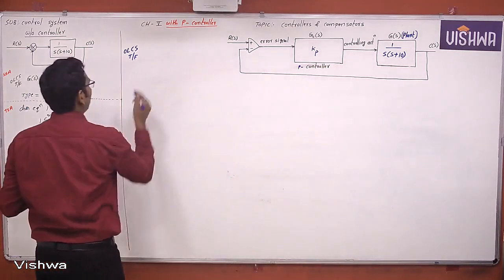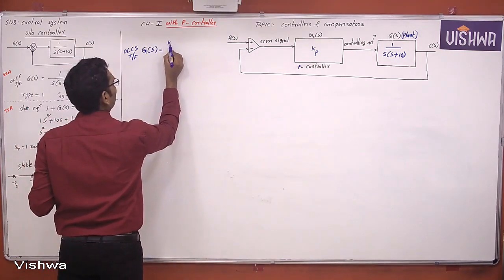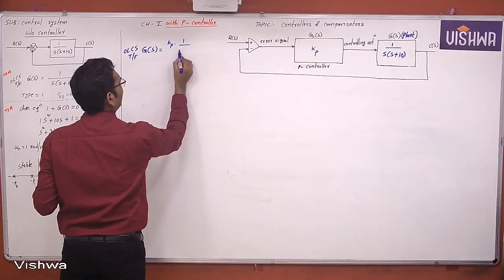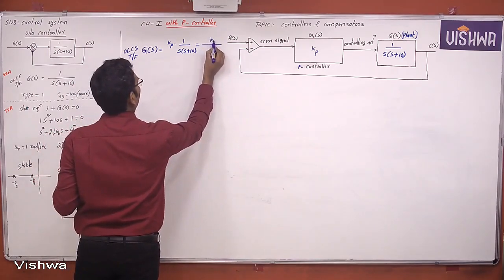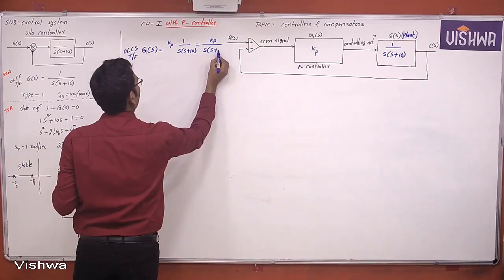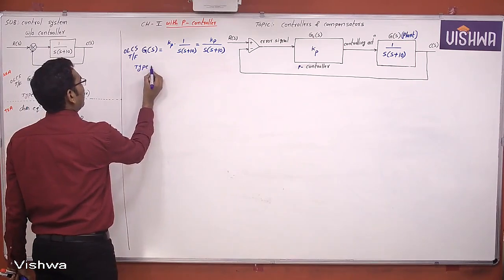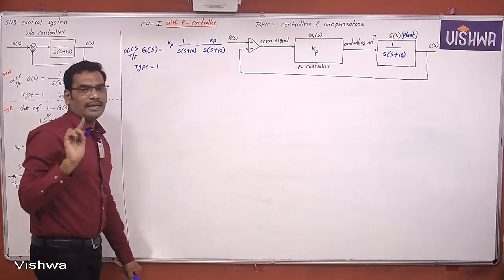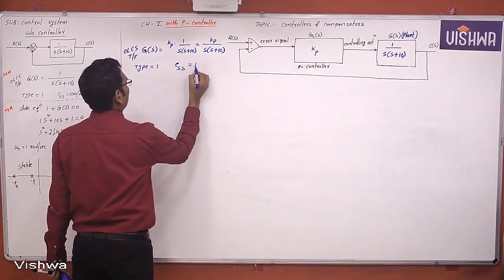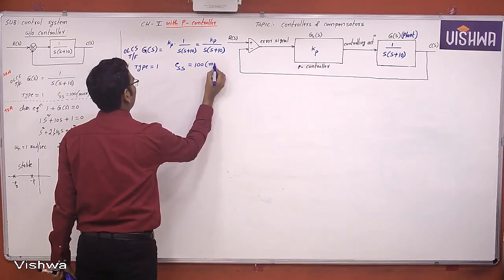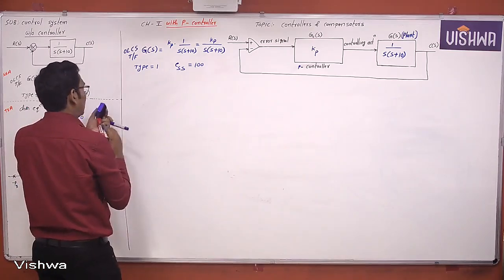So the overall transfer function with P controller is G of s equal to Kp into 1 by s into s plus 10, which is equal to Kp by s into s plus 10. Is there any change in type? No, type is equal to 1, there is no change in type. So what should be the steady state error? The steady state error will be the same, 100, which does not get affected. Then what about the transient state analysis?